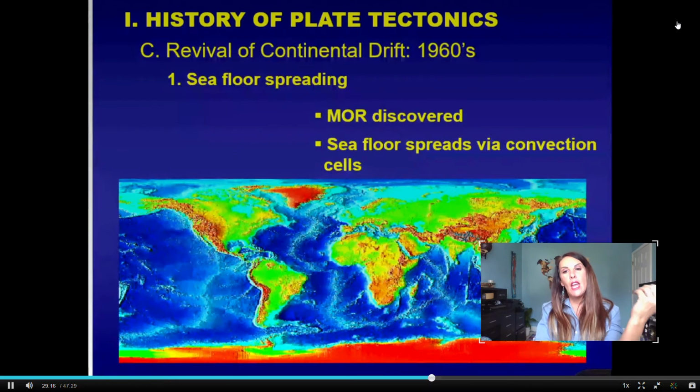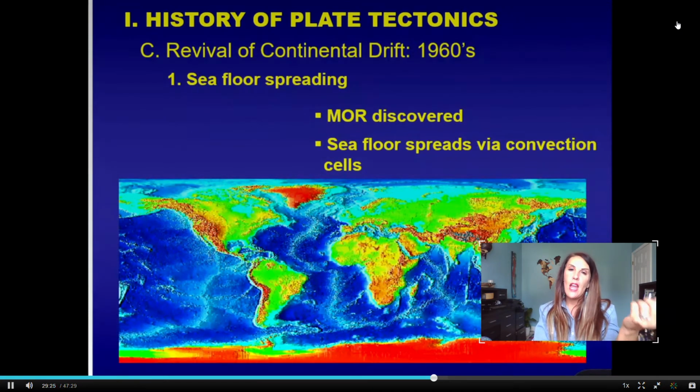Henry Hess is out of Princeton University, and he is a professor, a visiting professor. Henry Hess is a geophysicist, but he was also a captain in the Navy.